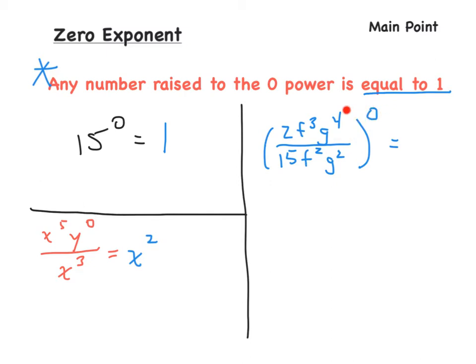If I'm raising this whole thing to the 0 power, it's always going to equal 1. 1 is our final answer. It doesn't matter what's on the inside of these parentheses. Anything that is raised to the 0 power is always equal to 1.